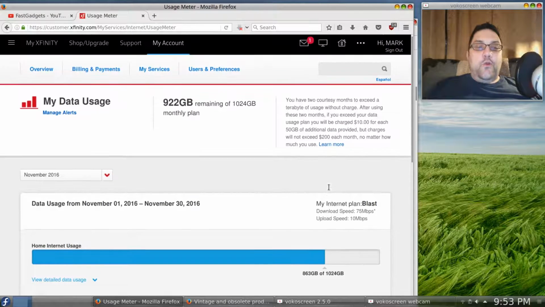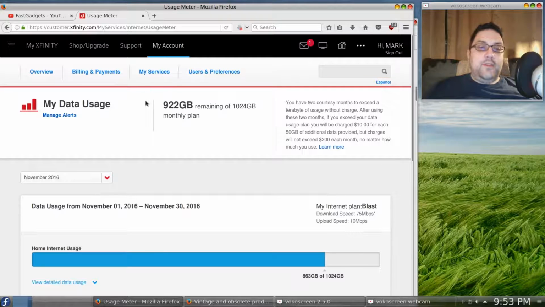But for Comcast or Xfinity to say, this is only the top 1% of our customers using this, the households that actually use this entire 1 terabyte, is ridiculous. I'm going to go with the top 30 to 40%.